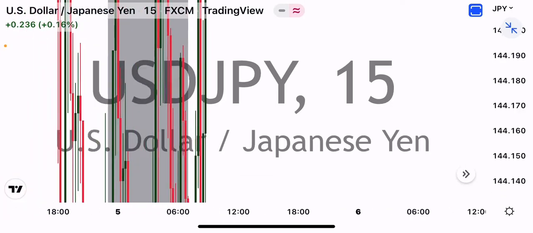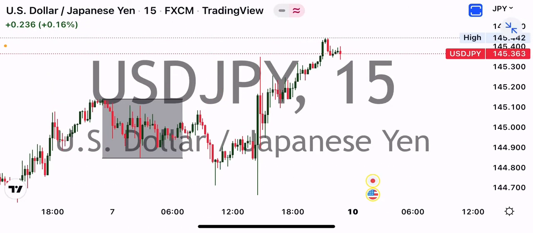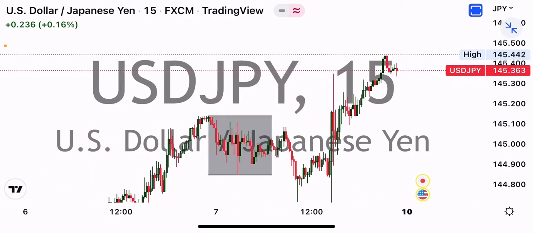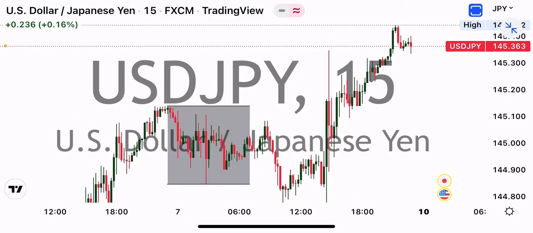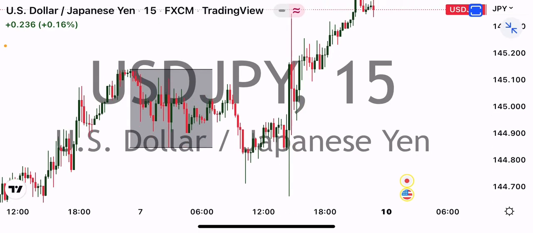So scrolling back into the chart, you can see right here, let me just go to today's trade. You can see right here we're having a nice beautiful pattern, which was an accumulation range followed by a stop hunt.